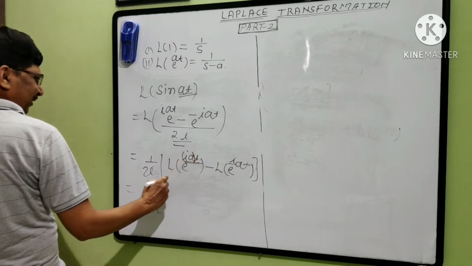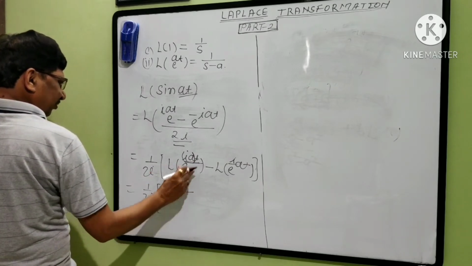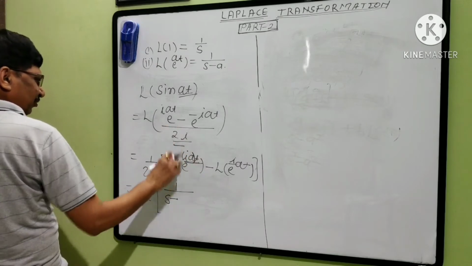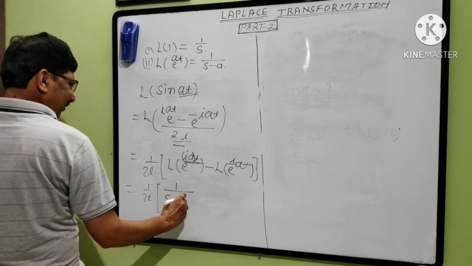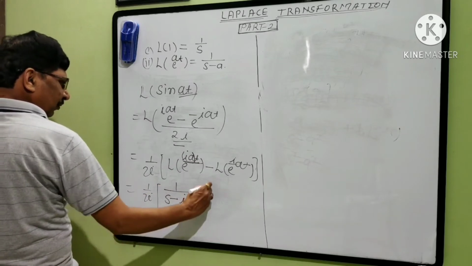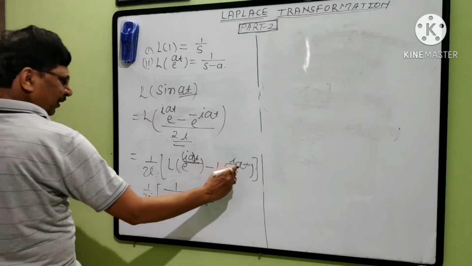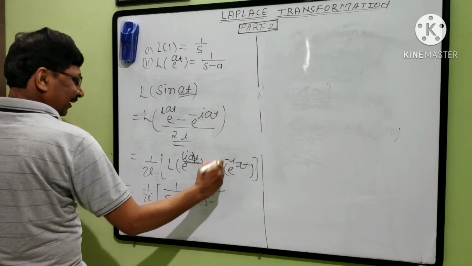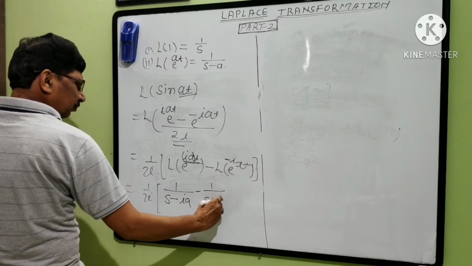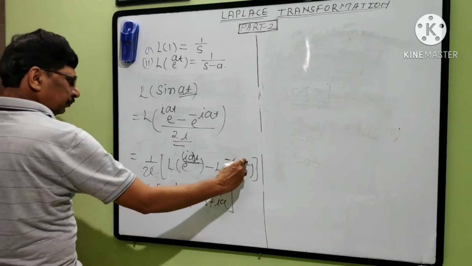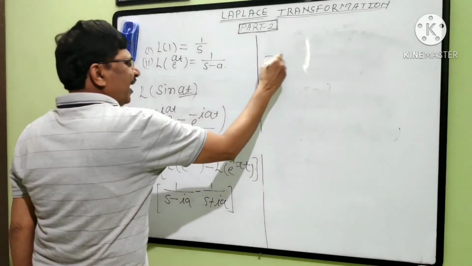Here instead of at it is iat, so the coefficient of t is ia, that is 1 upon s minus ia, and for minus iat it is s minus minus i a, that is s plus ia. That is the formula. Therefore it will be 1 by 2i.